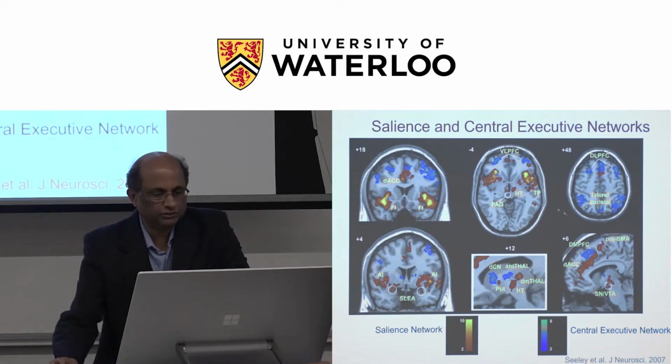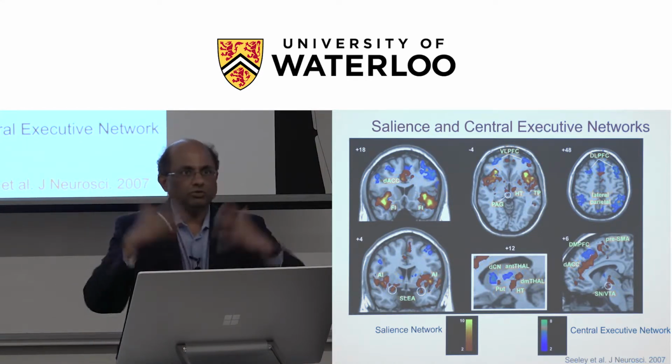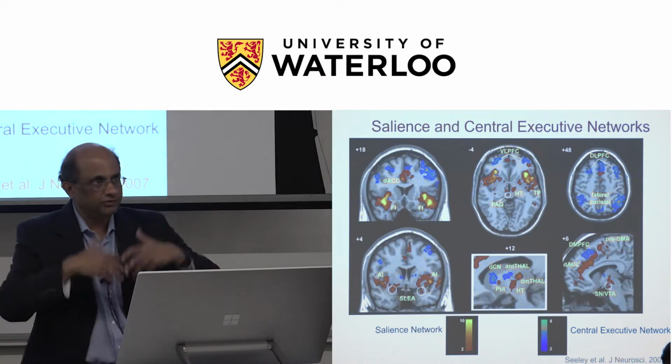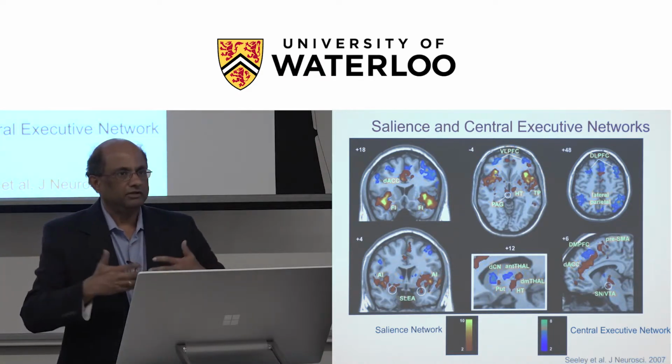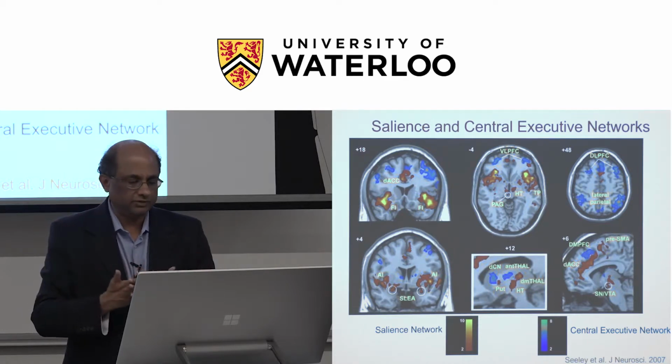Shown here in red are the anterior insula and the anterior cingulate cortex in one network, and then the dorsolateral prefrontal cortex and the ventrolateral prefrontal cortex, along with the posterior parietal cortex, here mainly the supramarginal gyrus, as a different system. So although they are co-engaged during a task, intrinsically they're quite distinct. And the idea is that during task context, they start to interact with each other.